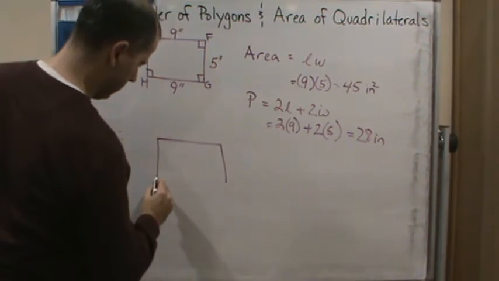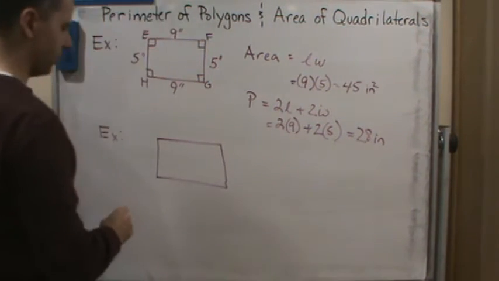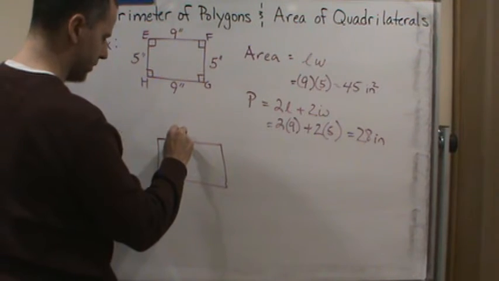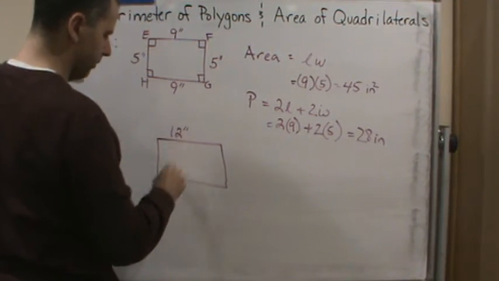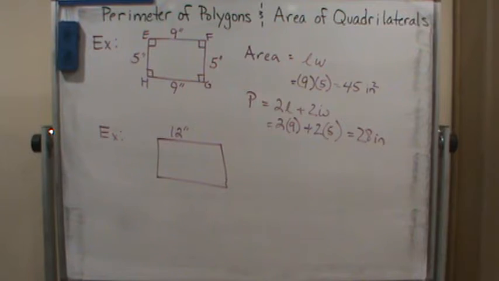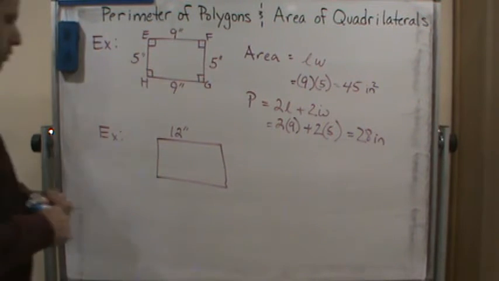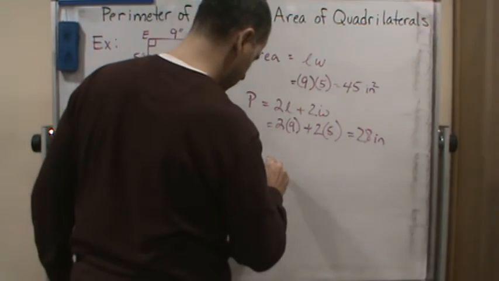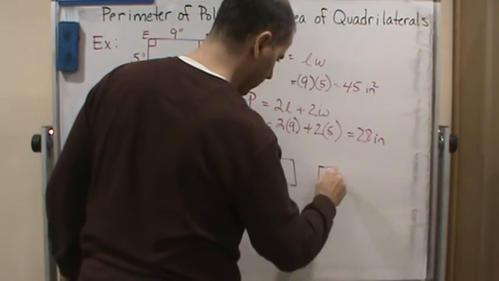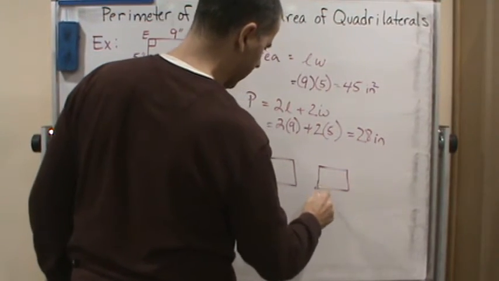So here's our rectangular opening. It's 12 inches long. Now it says it must have the same total area as 2 smaller rectangles. Well, here are the 2 smaller rectangles. Let's do this rectangle, and let's do this rectangle.